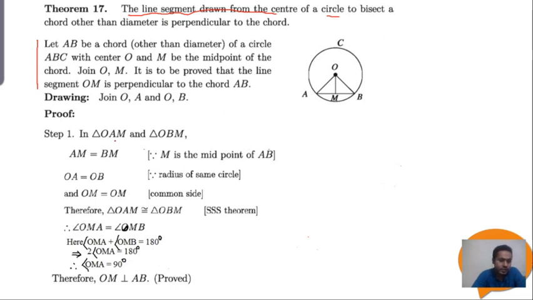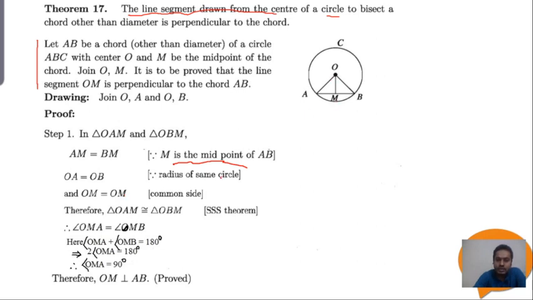At first, this triangle and this triangle. AM is equal to BM because OM is the bisector. Second, OA and OB are both radii of the same circle, and OM is equal to OM. This is the common side.